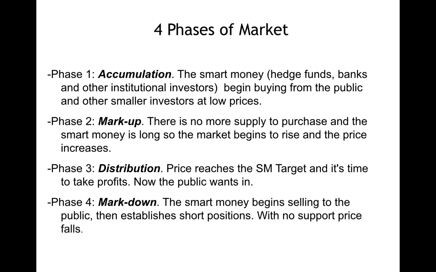As the price increases, it'll get to the point where all the buyers have bought. As the markets start to rise, this is when you get your breakout traders. This is when you start getting what's called dumb money, the retail investors, to start joining in.